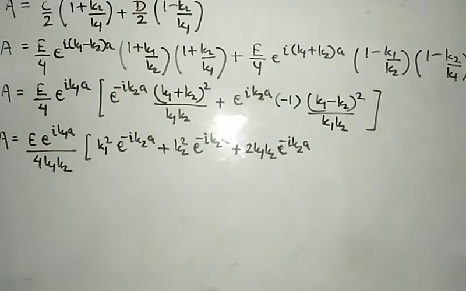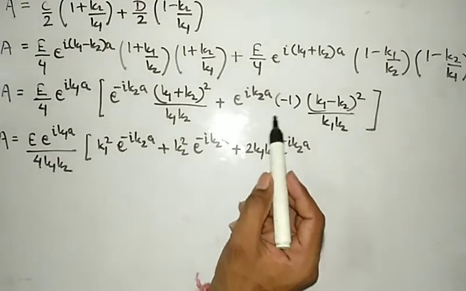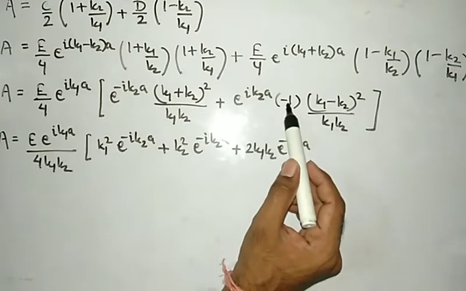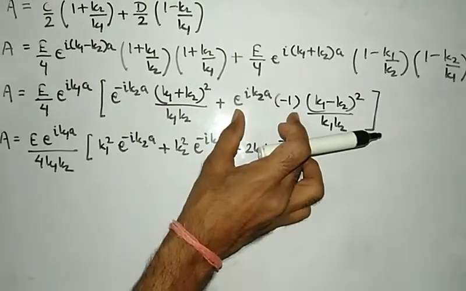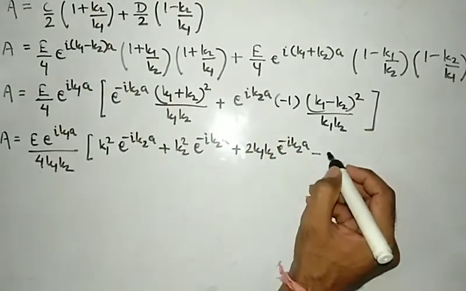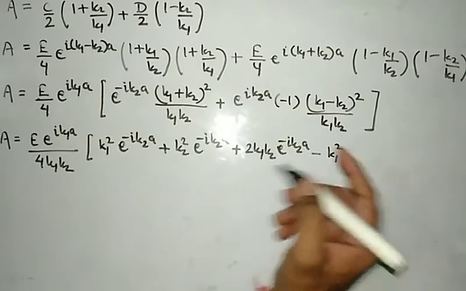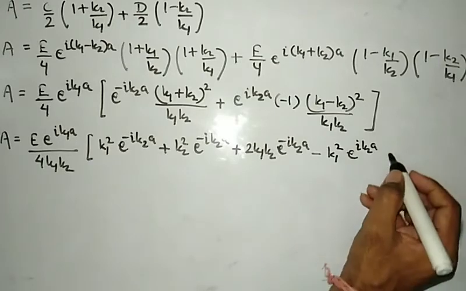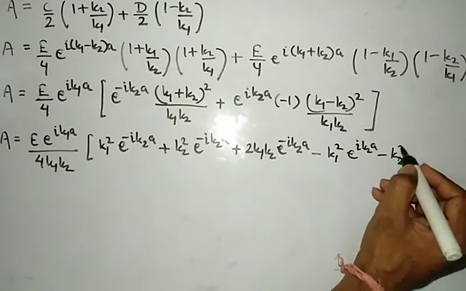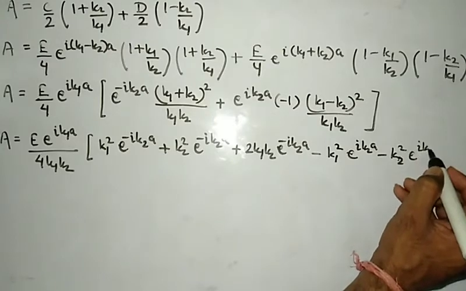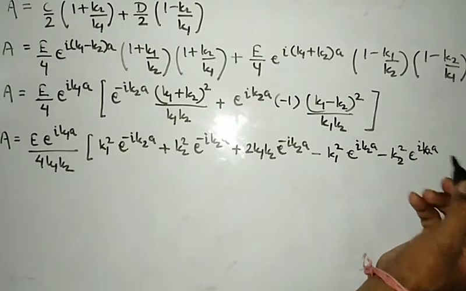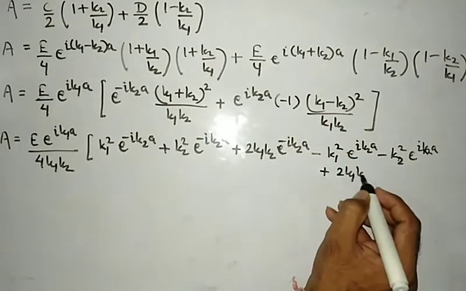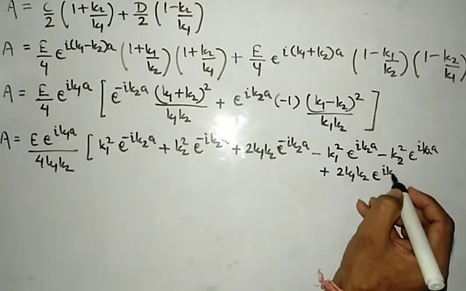Okay, now we have to open this one also, so we have to multiply with this term also. So minus k1 square e to the power i k2 a, minus k2 square e to the power i k2 a, and plus 2 k1 k2 e to the power i k2 a.